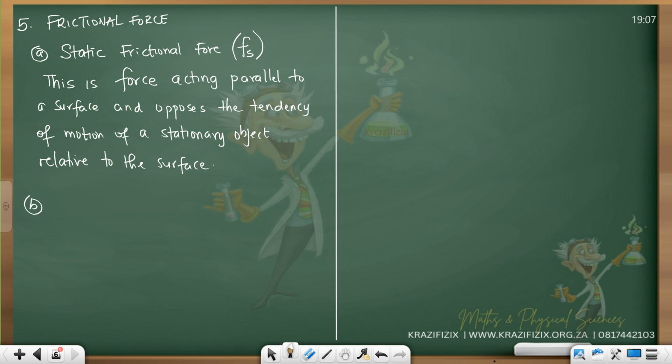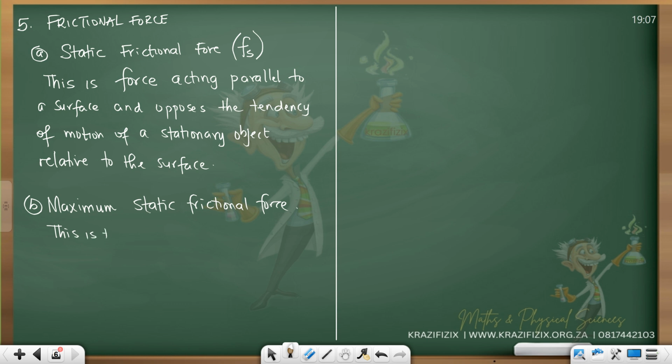Then we are going to look at maximum. I'm going to demonstrate this for you maybe next week. Maximum static frictional what? So all of these forces are what is going to make F net, the resultant. All right?